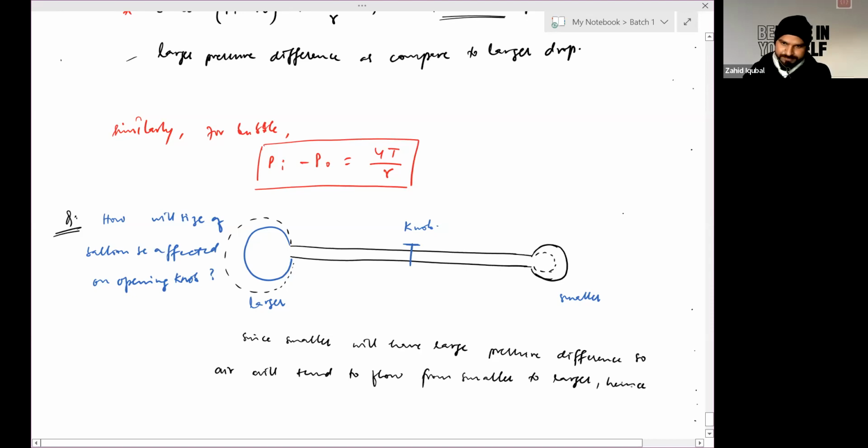Hence, the size of the smaller decreases and the larger increases.